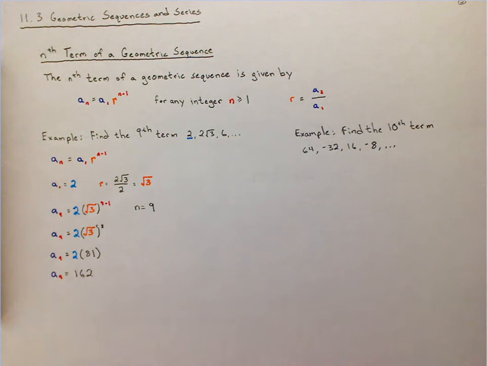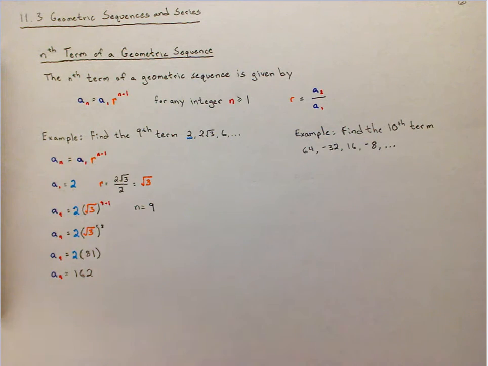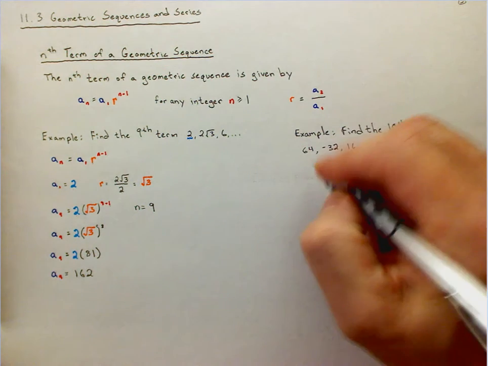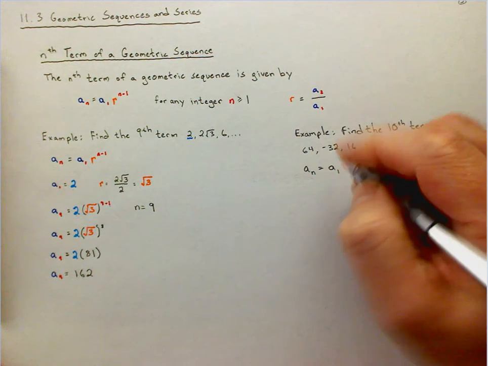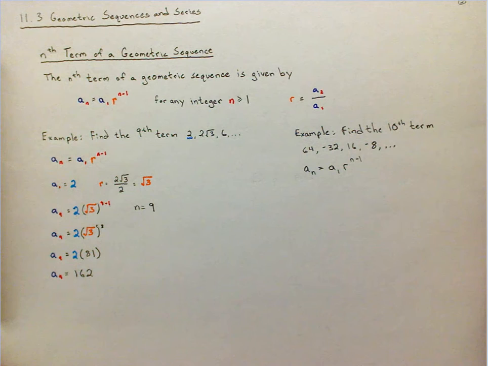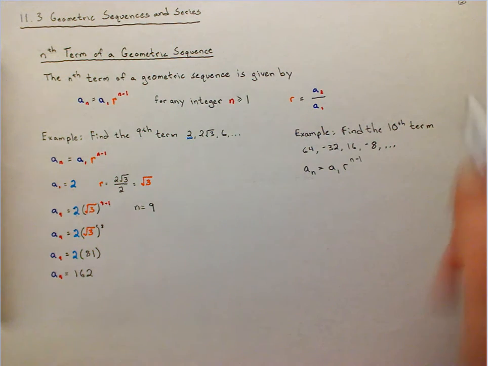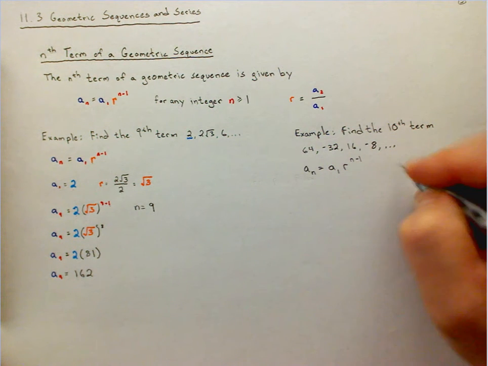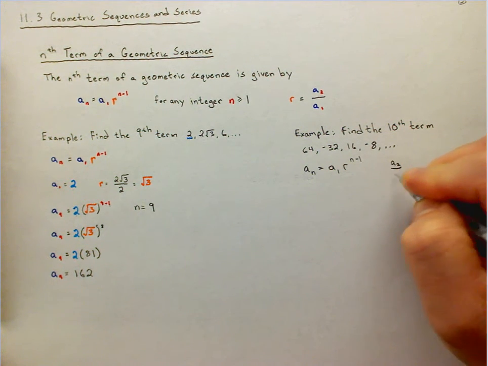All right. Let us identify the formula. I always like writing that out first. A sub n equals a sub 1 times r to the n minus 1. And let's see, I'll write it over here. So I'm going to have a sub 2 divided by a sub 1.